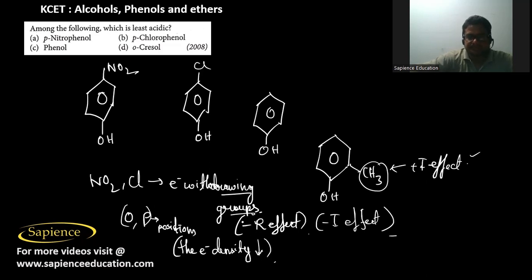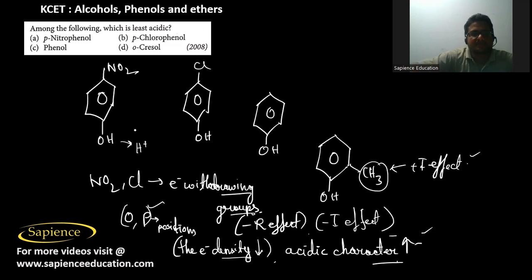And so the acidic character will increase. It means that it can more easily give out the H plus ion.